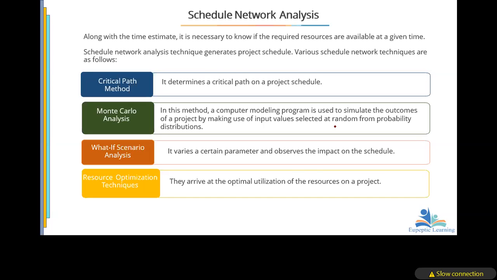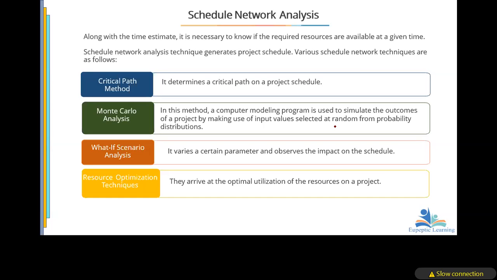Then resource optimization techniques, like we talked about here. The resources that we have are always one of our constraints. So how best can we optimize these resources? If you use linear programming, you'll be able to do it.